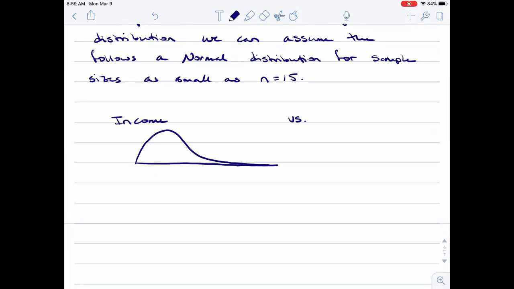Versus if we talk about heights like we did earlier, sampling from a distribution that's already unimodal and symmetric, although that one kind of looks like it's running away.